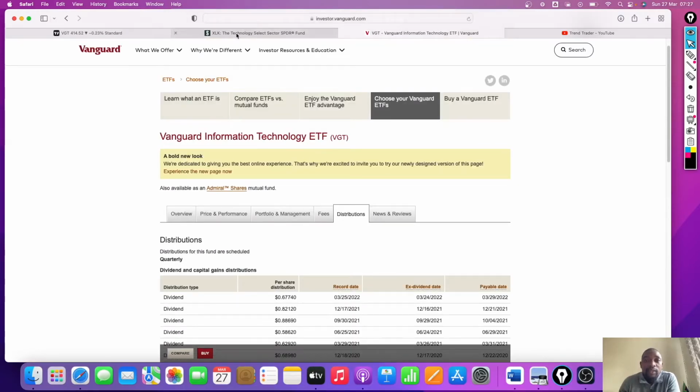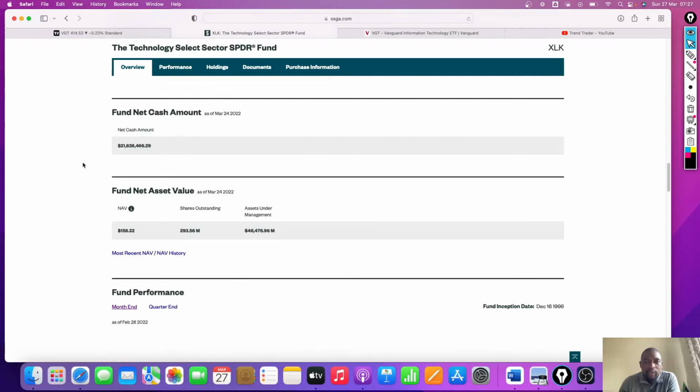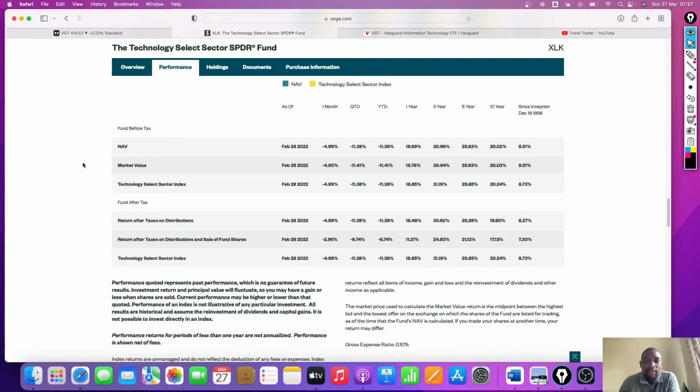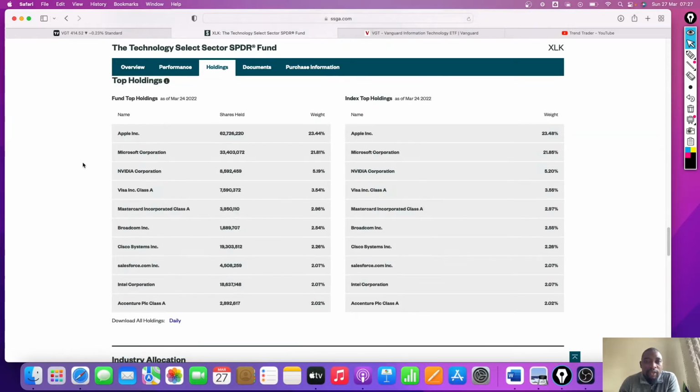So now let's see what we can find more on the XLK. I just want to see the sectors, if they've included the sectors there. Okay, so with the top 10 holdings, we see there's Apple, Microsoft, Nvidia, Visa, Mastercard, Broadcom, Cisco, Salesforce, Intel.